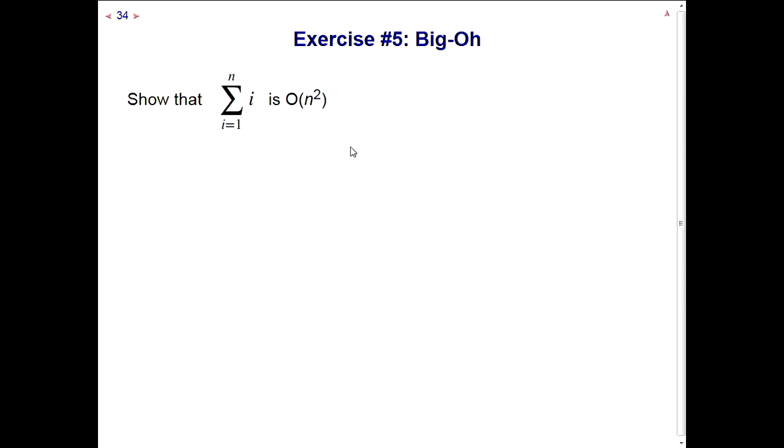Suppose that your algorithm, when you count the primitive operations, would be determined, the number of primitive operations, by summing up all the numbers from 1 to the size of the input, n. Do you have a simple argument why this is bound by n squared?